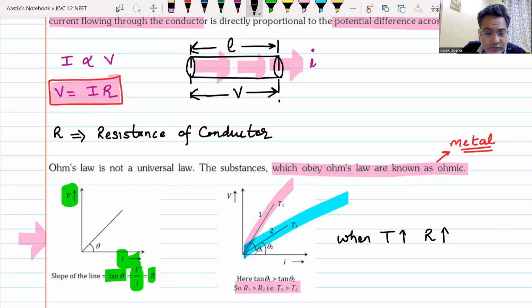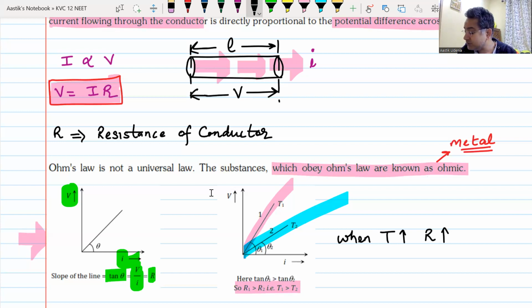So now we move ahead and we understand that there are two types of resistors. One is known as ohmic, where the graph of V and I is a straight line. But there are other bodies which do not follow Ohm's law, and they are known as non-ohmic resistors or non-ohmic substances.